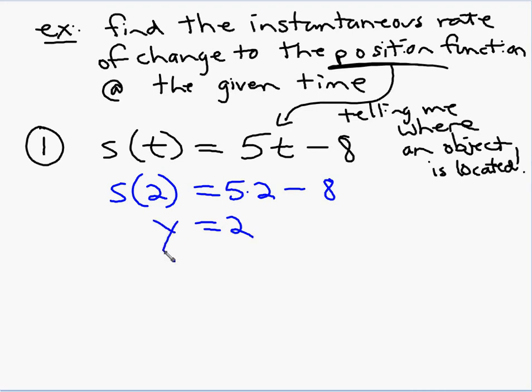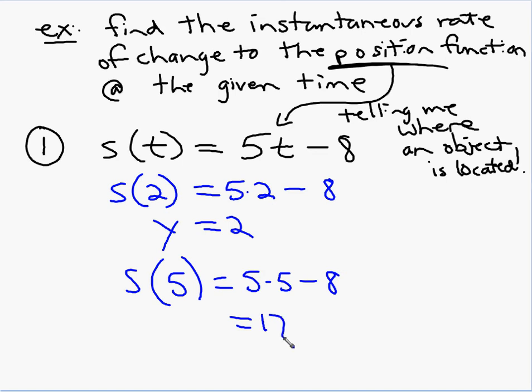But then I could find out where is it at several seconds later. Okay? Like, where is it at when I'm at 5 seconds? Well, then I would do 5 times 5 minus 8. 25 minus 8 is 17. So now it's located at y equals 17. Okay?